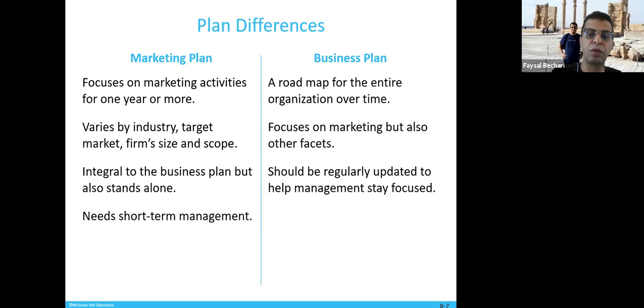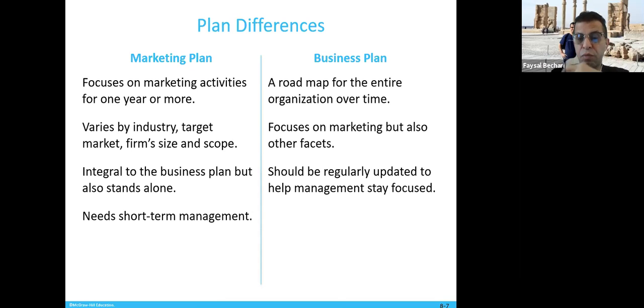On the other hand, a business plan is a road map for the entire organization over time. So if you notice, the marketing plan is short, for 1 year, but the business plan is over the whole time.